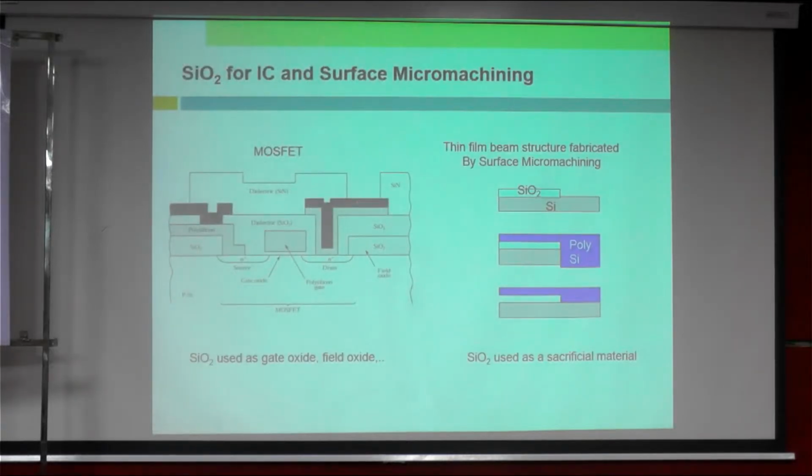So this is an example of a MOSFET basically. We have silicon dioxide here, and this is another silicon dioxide. In terms of structure, it behaves differently. This is silicon dioxide as a dielectric material, and a certain process is just to prevent contact, because you have polysilicon here.